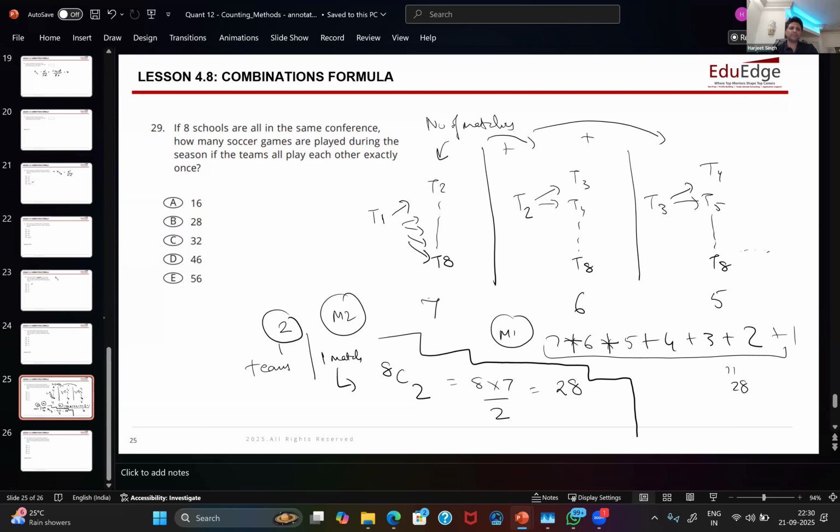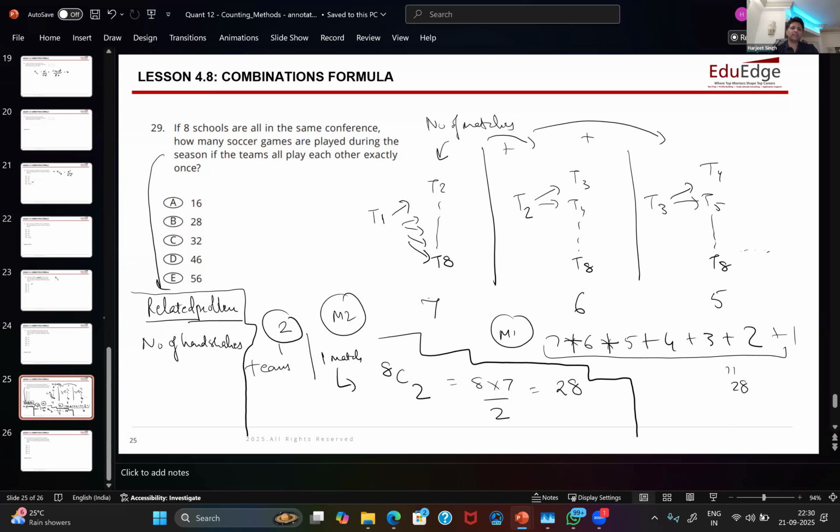Another related problem is number of handshakes. Suppose there are 10 people in the room and they can only shake hands once with each other. So how many handshakes are exchanged?